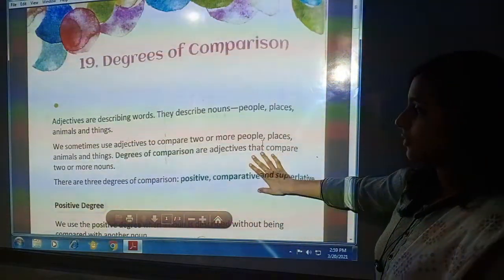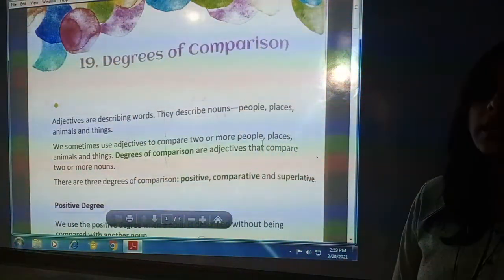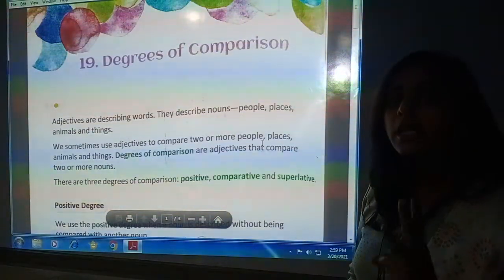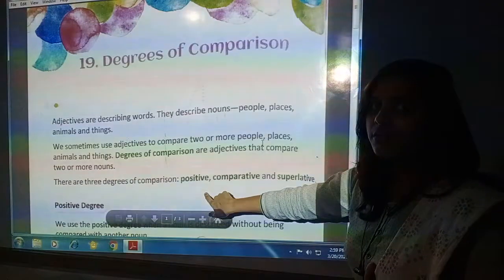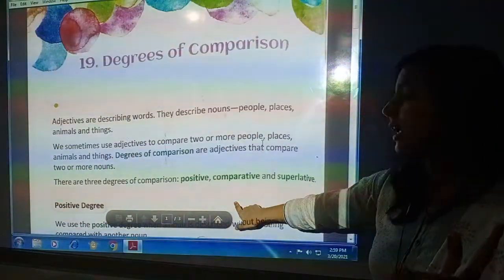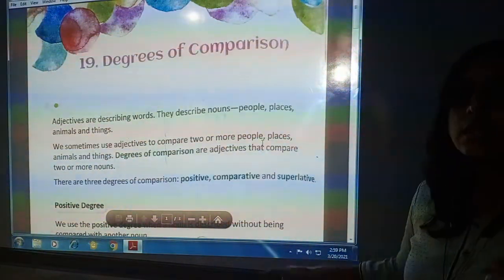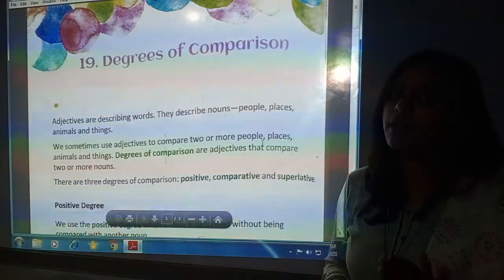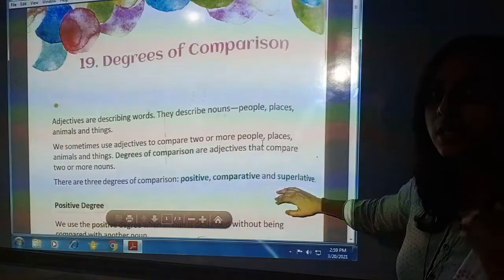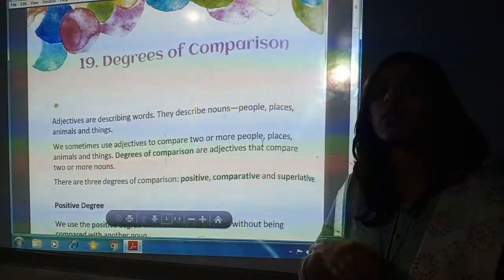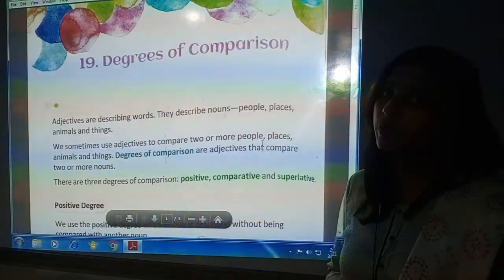So here we are going to see that there are mainly 3 degrees of comparison, that is positive, comparative and superlative. Now we are going to read about these 3 degrees in detail. What is positive degree, what is comparative degree and what is superlative degree.